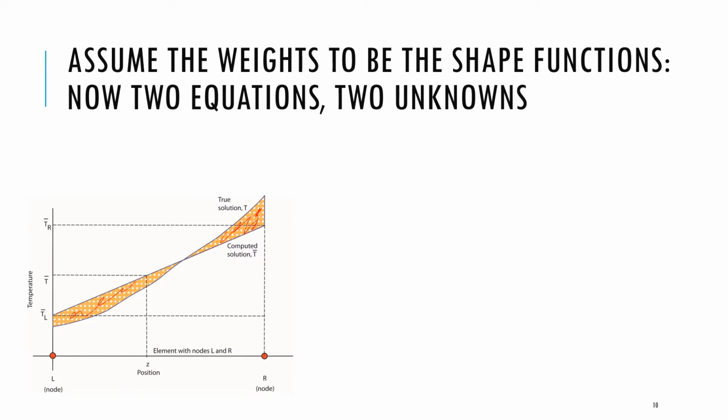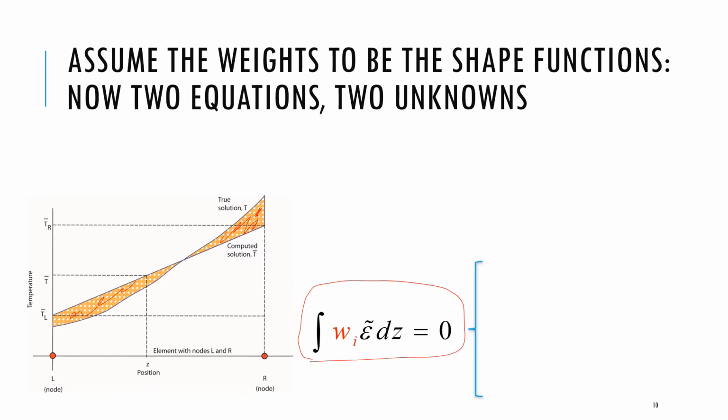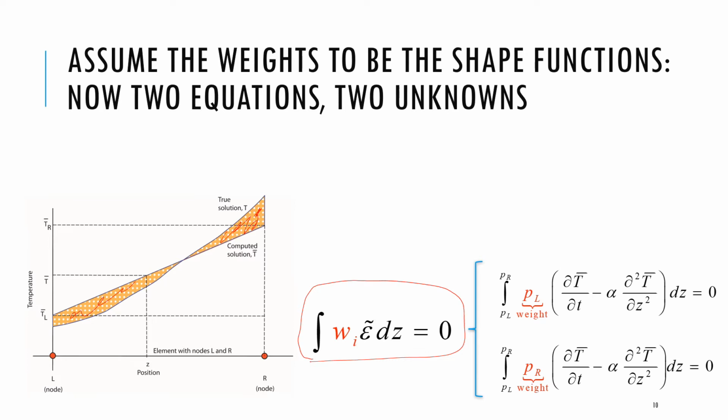Okay, so this gives me this equation, and then we want to use two different weights. The two polynomials that we just defined, we're going to use those as the weights. So by using those two different weights on this, I get two equations.